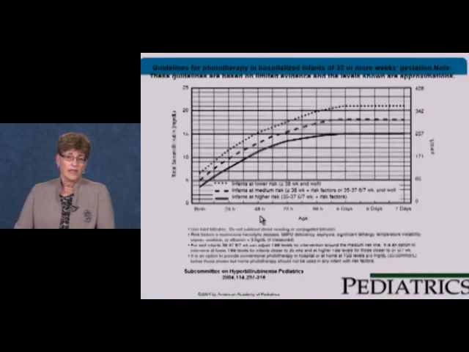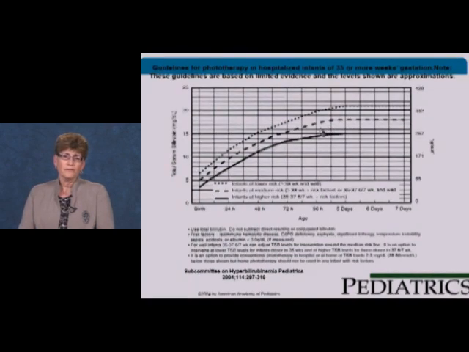And so here we have the guidelines for phototherapy that were published in that Pediatrics article by the Subcommittee on Hyperbilirubinemia, yes, indeed, in 2004. And these are the guidelines for phototherapy for babies who are 35 or more weeks gestation.